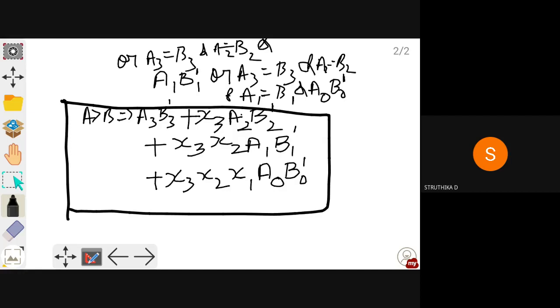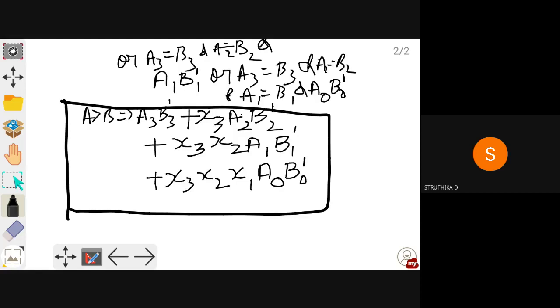Or x3 x2, that is A3 equal to B3 and A2 equal to B2, if both conditions hold, it will go for A1, that is A1 should be 1 and B1 should be 0. Or if all three bits are the same, it will check the last condition, it should be A0 and B0 dash. There is little chance of that condition also being met. If it does, it will go to the category A equal to B, that is the x3 x2 x1 x0 category.